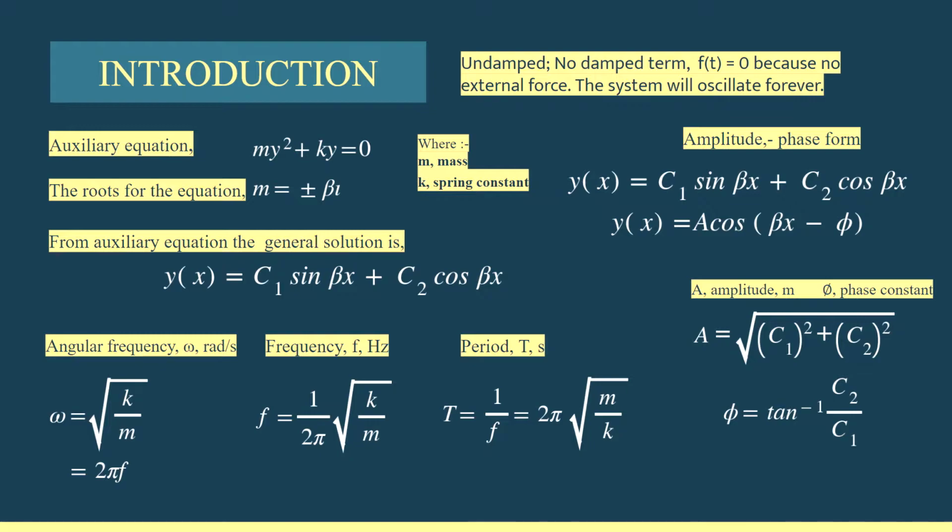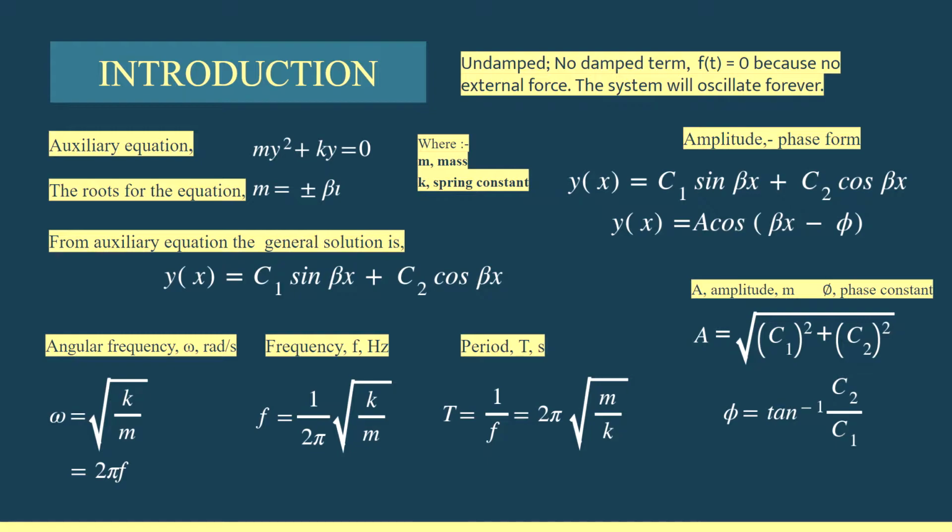From the characteristic equation, we can also find the angular frequency, omega. We use square root of k over m, or 2 pi f, and the unit for omega is radians per second. Next, frequency. For the frequency, we use 1 over 2 pi times square root of k over m, or we can also use 1 over T, where T means period, and the unit for frequency is hertz.